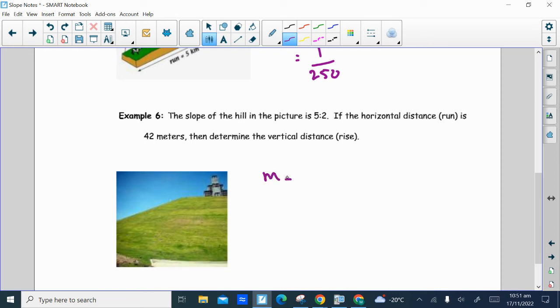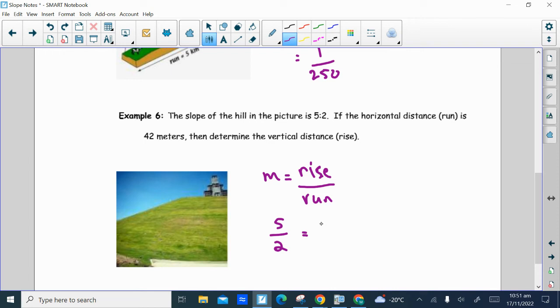So m, the slope, which is, again, rise over run, m is 5 over 2. It's just given as a ratio instead of a fraction, but we can convert it. 5 is the first number, so that goes on top. 2 is the second number, that goes on the bottom.